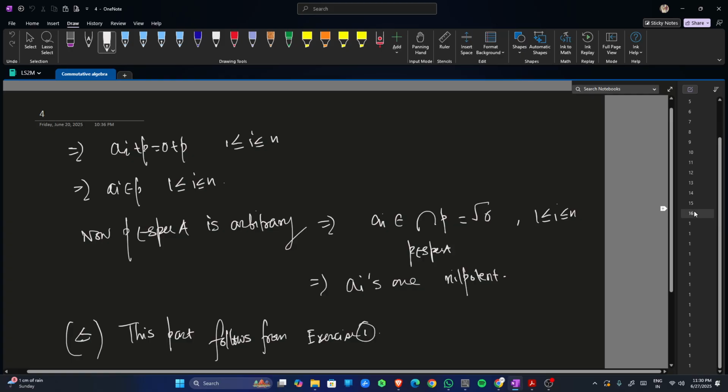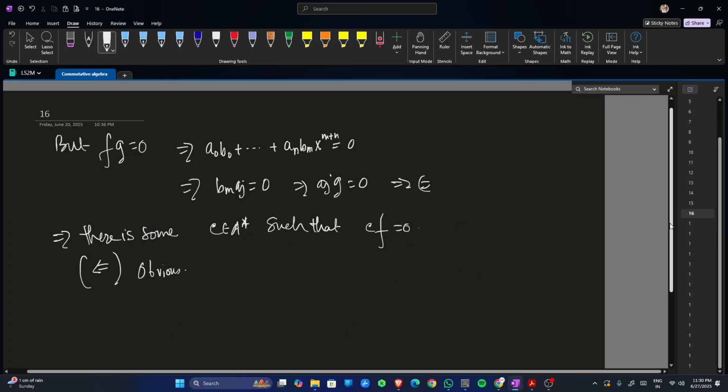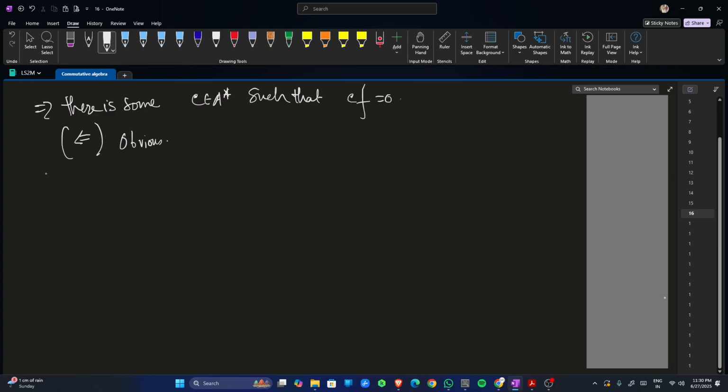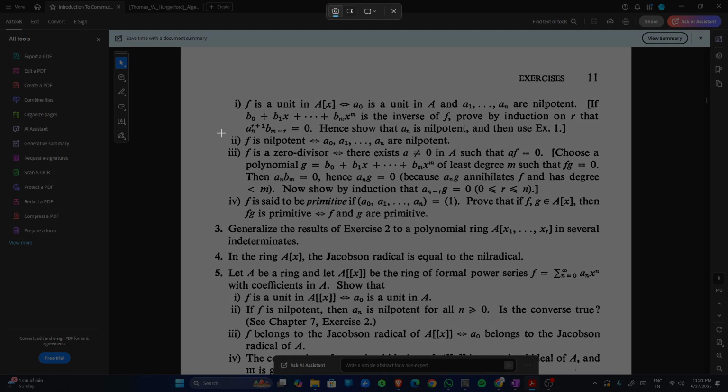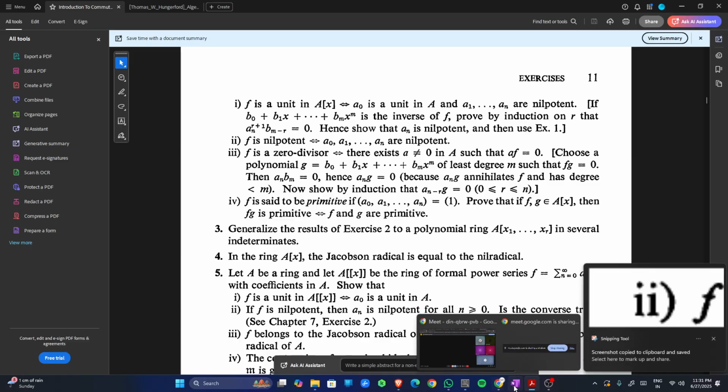I have to repeat some more proofs. If f is nilpotent, then the coefficients are nilpotent.